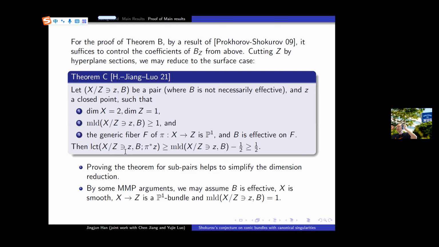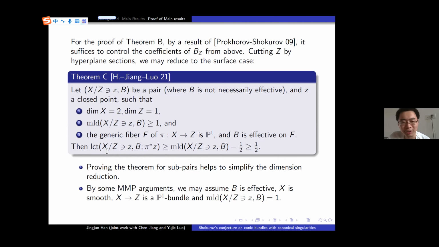You multiply this by t. Yeah. The difference is that we are interested in the relative pair, so I only care about all the divisors E such that the center of E on Z is the closed point Z. Okay, thanks.